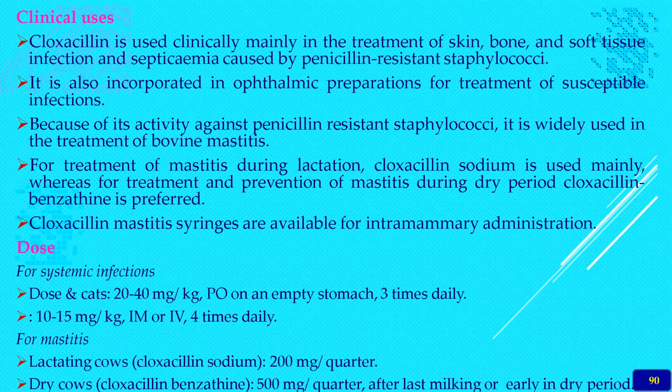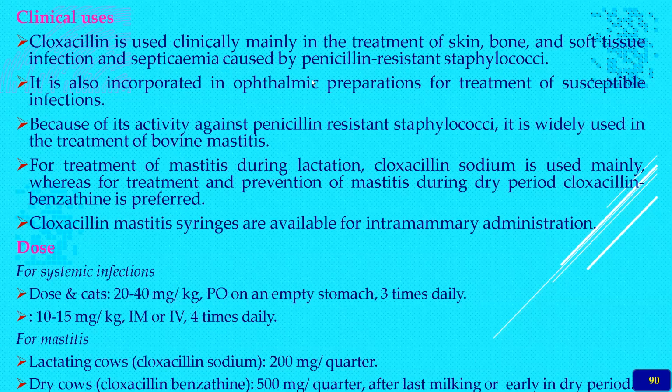They prevent infection. For systemic infections, the dose is 20 to 40 milligrams in small animals, whereas 200 milligrams per quarter as intramammary preparations, and for dry cows 500 milligrams per quarter. After the last milking, we should infuse these tubes and leave the cow.